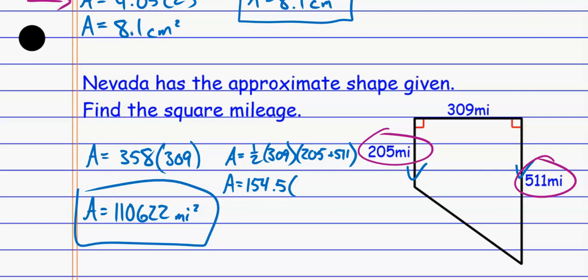Inside the parentheses here, I can do the 205 plus the 511 as well, which gives me 716. And then on my calculator, I can multiply those two things. And just like before, it gives me the 110,622 square miles. Okay? So again, just figure out which version of the formula you're going to use and plug it in. All right? I like one version, you might like a different version.